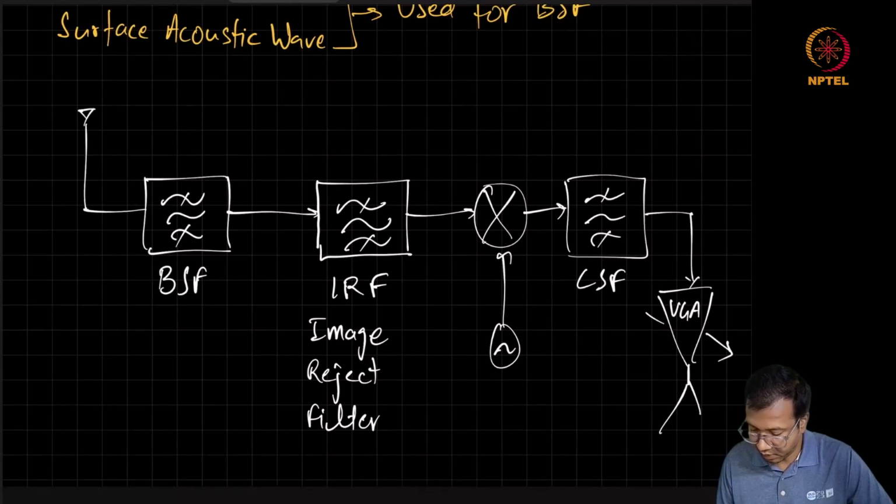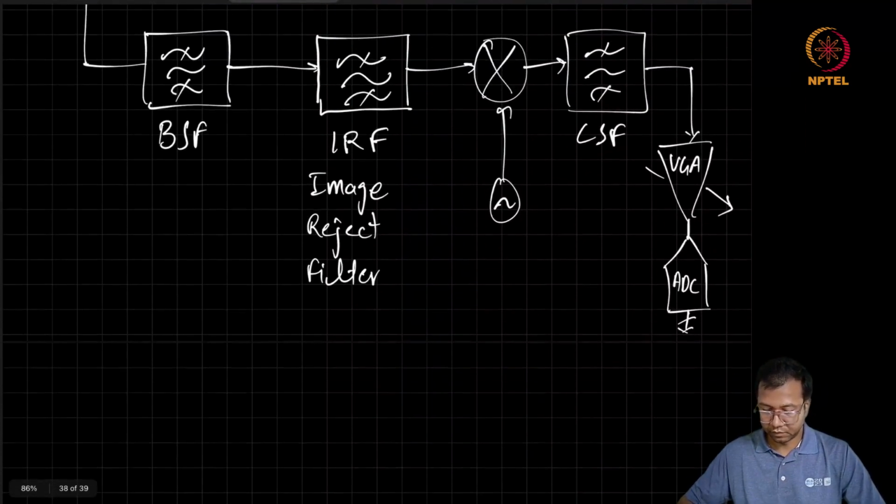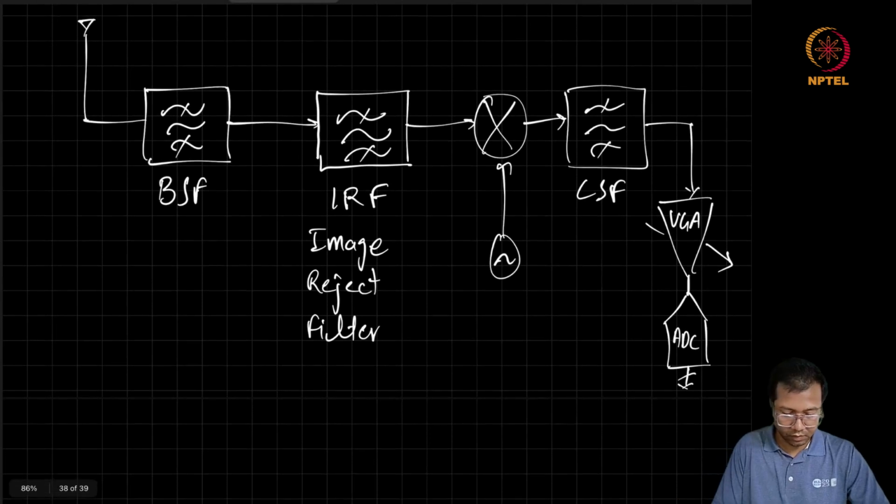And finally, the output is digitized. Okay. So this is how the current signal receive chain looks like. And the new block which we have added is this image reject filter.